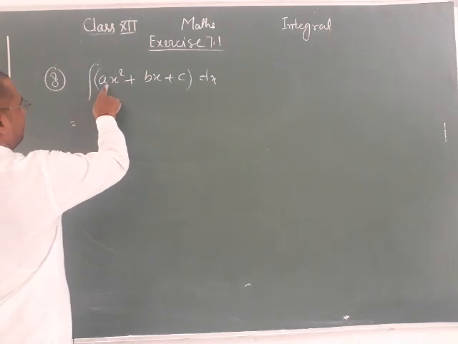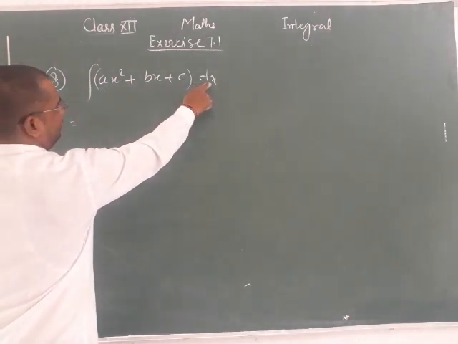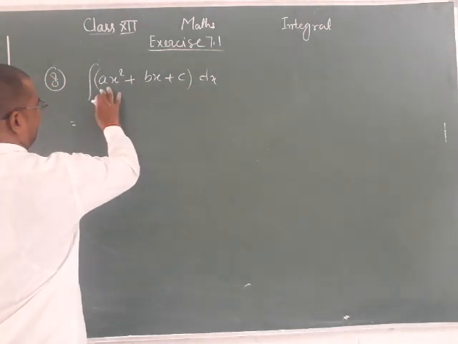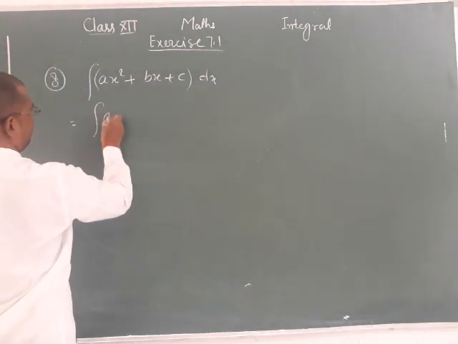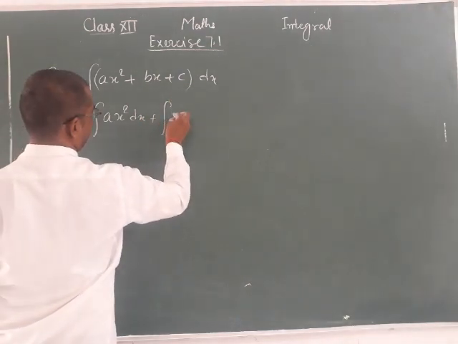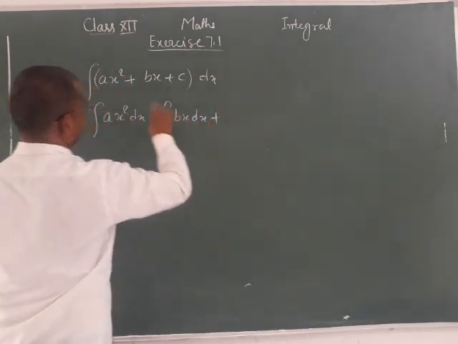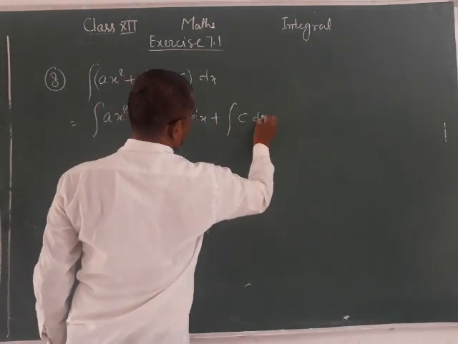Integration of, in bracket, ax square plus bx plus c, and dx. So integration and dx multiply in this bracket. So integration of ax square dx plus integration of bx dx plus integration of c dx.